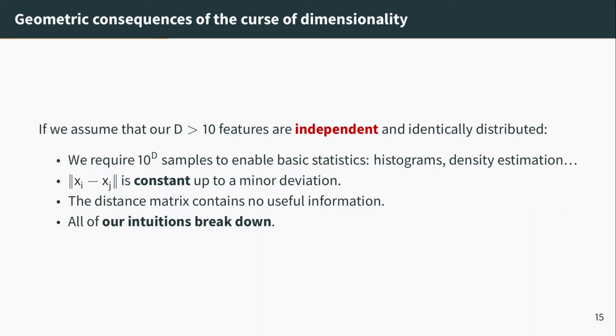So on average, my distance matrix is not going to contain any useful information. Basically, it's going to be a square matrix with zeros on the diagonal and off the diagonal essentially square root of 2 times d plus some noise. And so we're not going to be able to do k-nearest neighbors or kernel regression effectively.